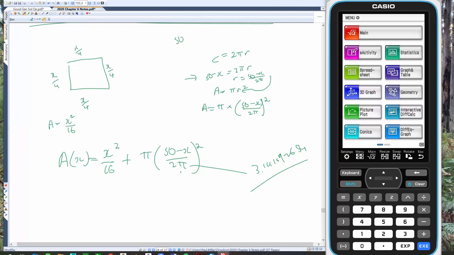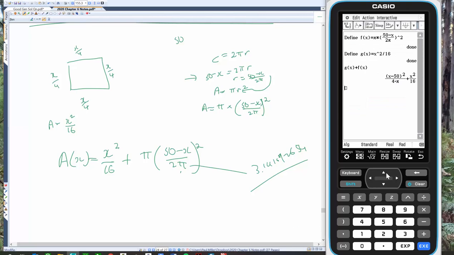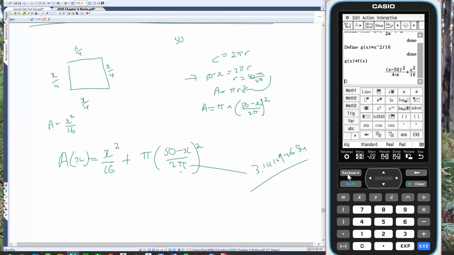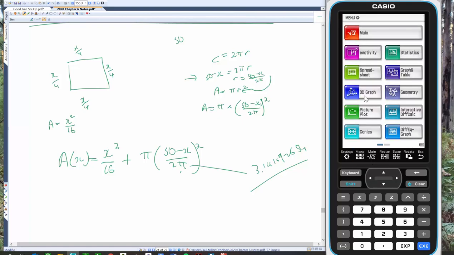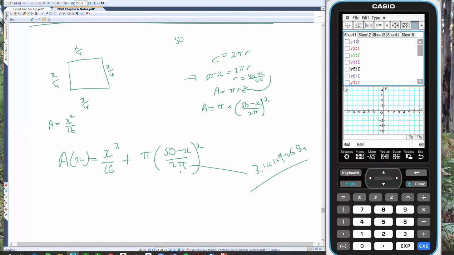Now, how are we going to minimize it? Well, we're going to do this problem on the calculator. So we're going to go to our graph screen, graph and table, and what we're going to do is type in that function. Now, be very careful with how you input it.